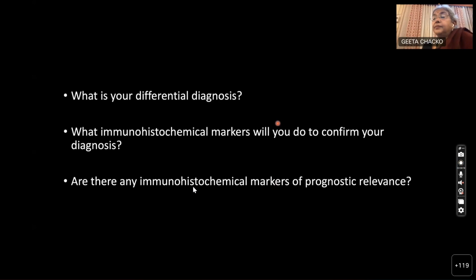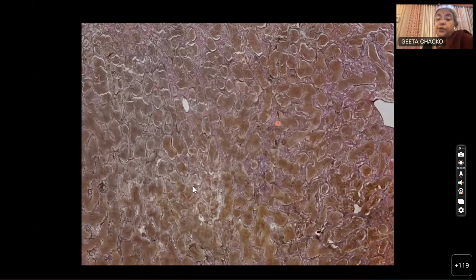Is there a special stain you want to do? A special stain, reticulin stain can be done. Okay. So you want to do a reticulin stain, and immunohistochemically, what marker will help you confirm a diagnosis? Synaptophysin. Yes. So you would do synaptophysin, GFAP, to make sure it's not a high-grade glial tumor.